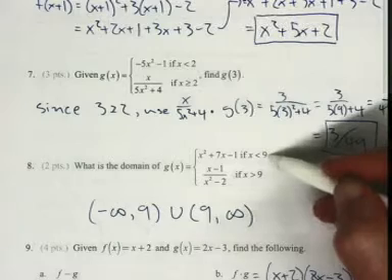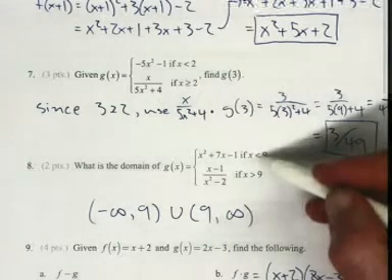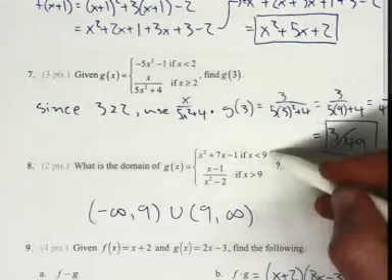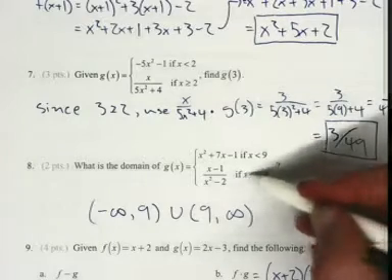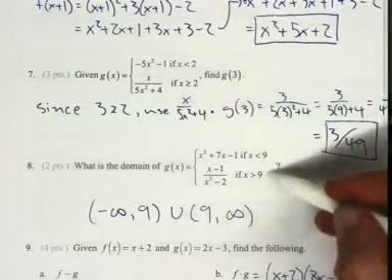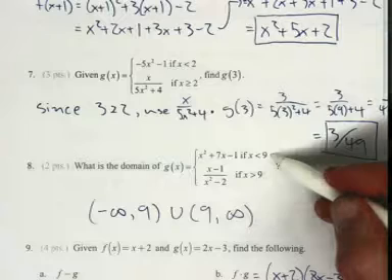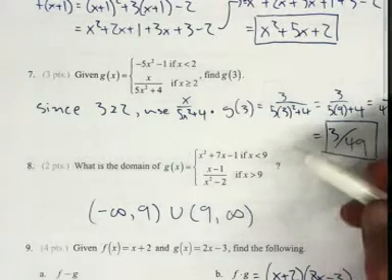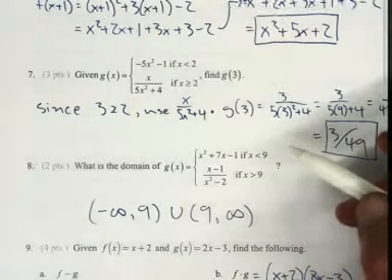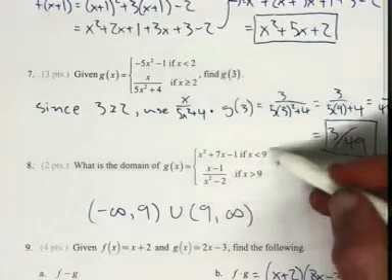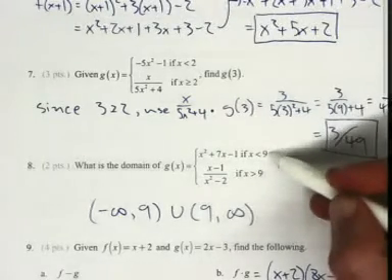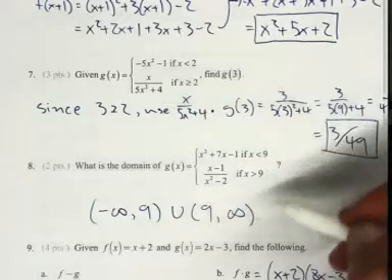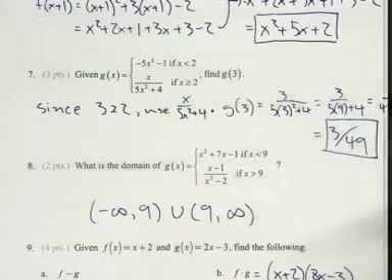Well, notice here that these inequalities are everything that's less than 9 or everything that's greater than 9. There is no or equal to. So if I was asked to plug in 9, I wouldn't know what to do, because neither one of these functions tells me that I can plug in 9, so I don't plug in 9. So that's not in my domain.